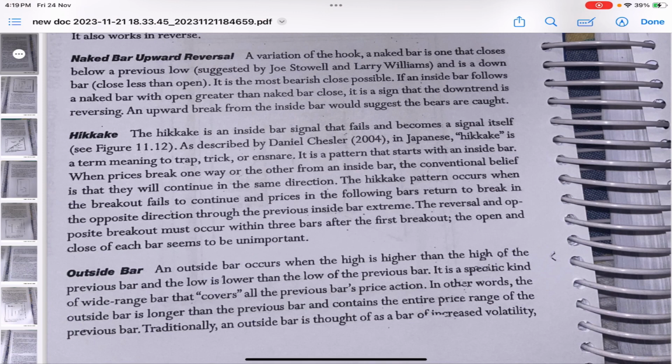An upward break from the inside bar would suggest the bears are caught. Did you understand? If there is a big red candle showing a bearish move, and an inside bar comes there but it opens greater than the close of the naked bar, in that case it's a sign that the downtrend has come to an end, and you will buy when the break is there towards the upside.